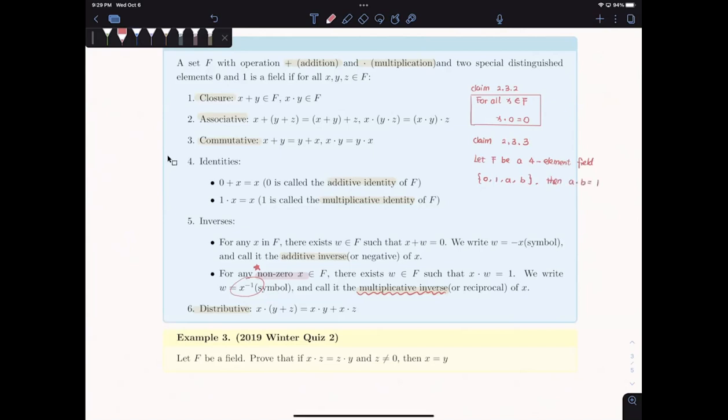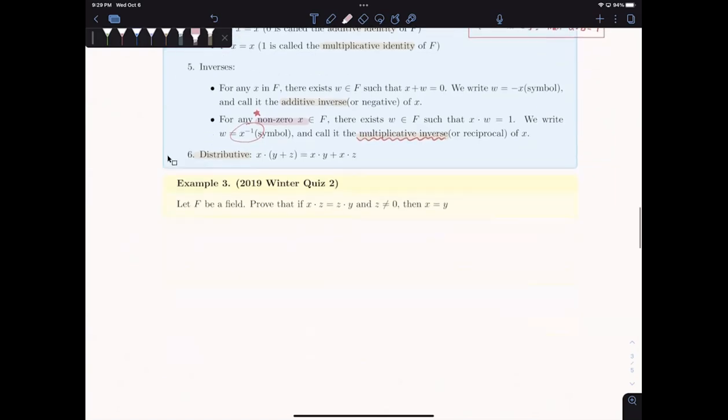Okay, so this, you can use it directly as well. So along with the 6 axioms, you can also use the 2 claims we have. Those 2, you can use them directly without proof as well. So that's about field.